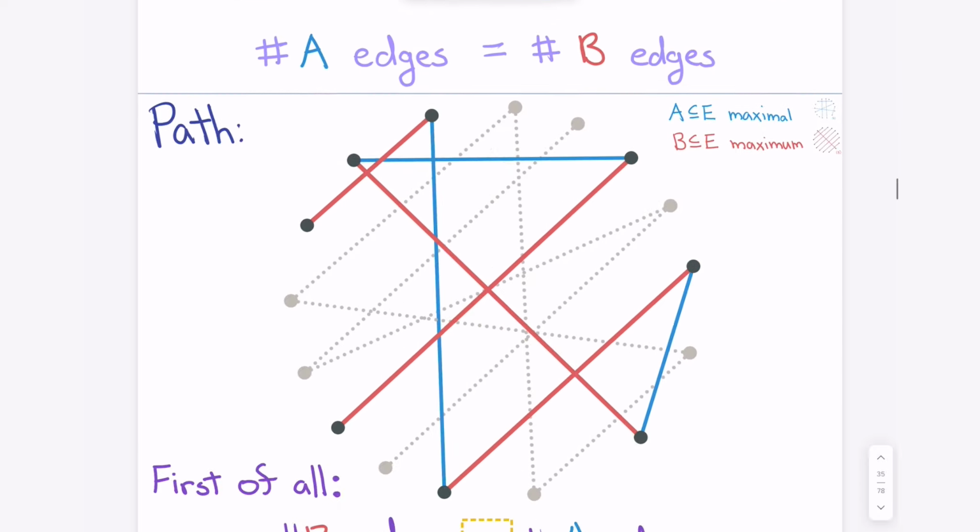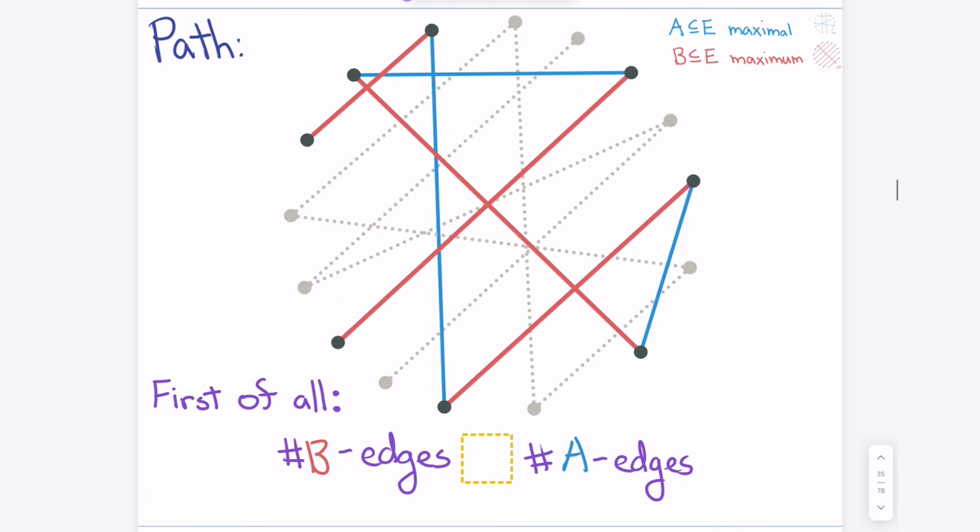What about paths? First of all, I'm claiming that, assuming red is maximum, the number of red edges on the path must be at least the number of blue edges. But why? In this picture, there's strictly more.